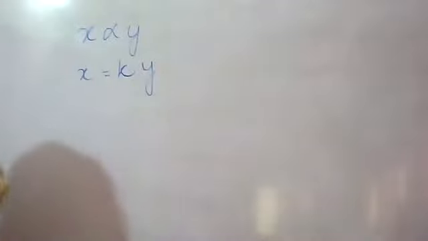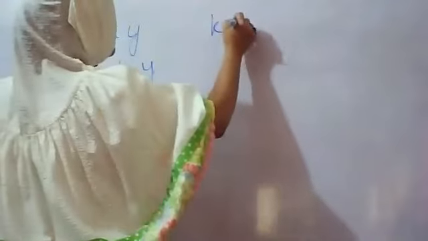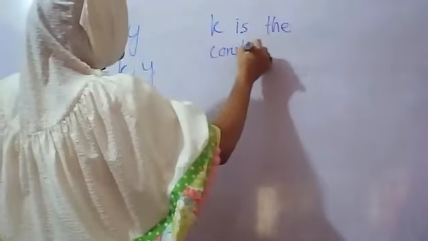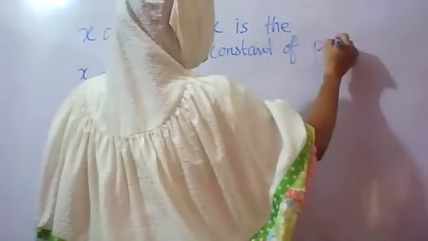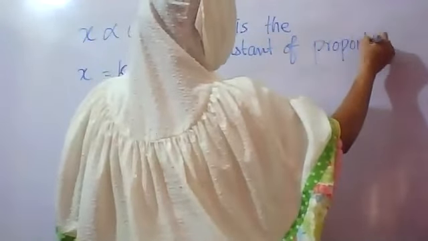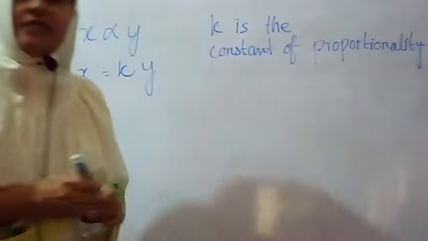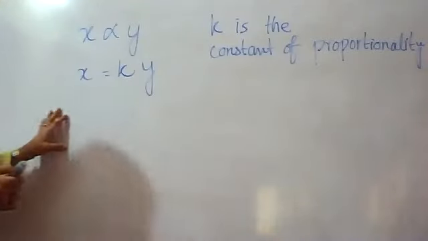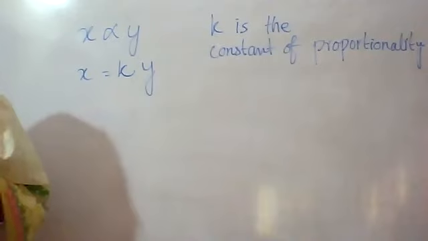K is the symbol used for the constant of proportionality. Got it? K is the constant of proportionality. With this, you have to find the value of K every time X and Y are given.